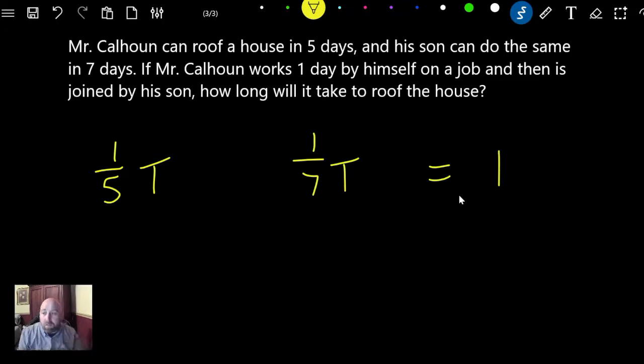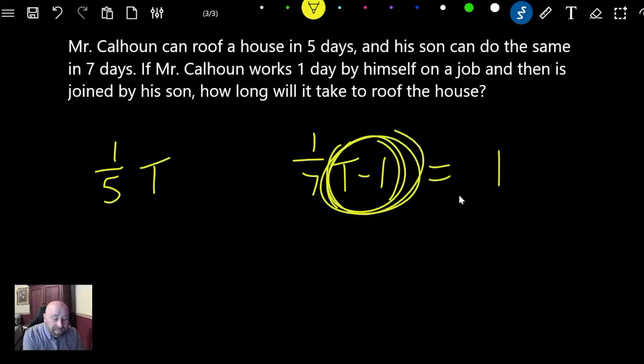But here's the difference. When we do it by the t, you might say, no, their time was not the same, and you're right. It would be t minus 1 day, right? Don't forget that he worked 1 day by himself. So this is the son. The son worked 1 less day, minus 1 day.